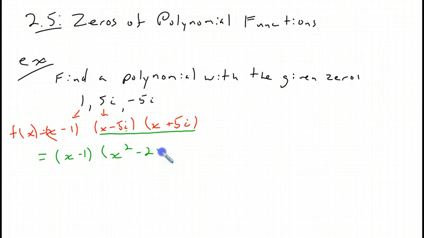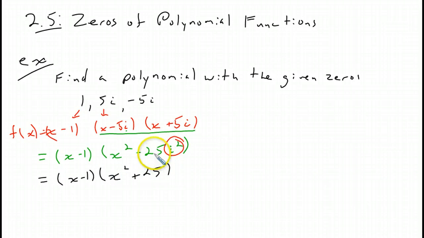So I'll have minus 25i squared. I know that i squared is negative 1, so negative 1 times negative 25 is plus 25. So really I have x minus 1 times x squared plus 25.